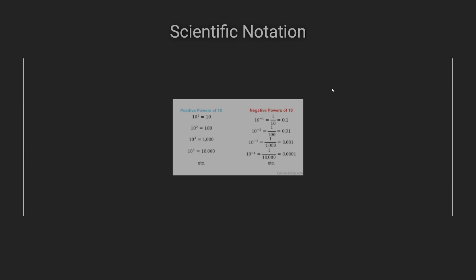If we have a negative power, basically we're going to be taking the exponent of the absolute value of that negative number. So 10 to the power of negative 2 is really just going to be 10 to the power of 2, which is 100, but that number being the denominator and the numerator being 1. So you're dividing 1 by 10 to the power of the absolute value of the negative number, using the previous knowledge that we had of the absolute value.